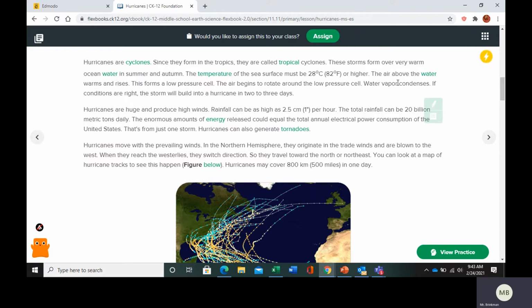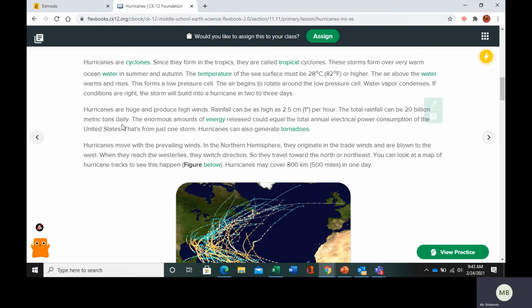So the water vapor is going to condense as it rises. And then if the conditions are right to form a hurricane, it's going to build up into a hurricane in about 2 to 3 days. So hurricanes can have rainfall as high as 1 inch per hour, and the total rainfall can be as high as 20 billion metric tons daily.